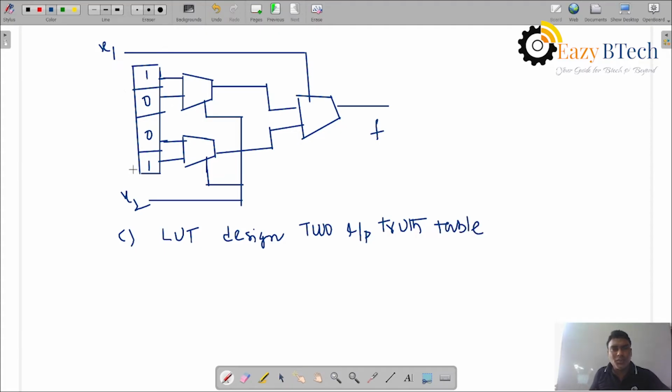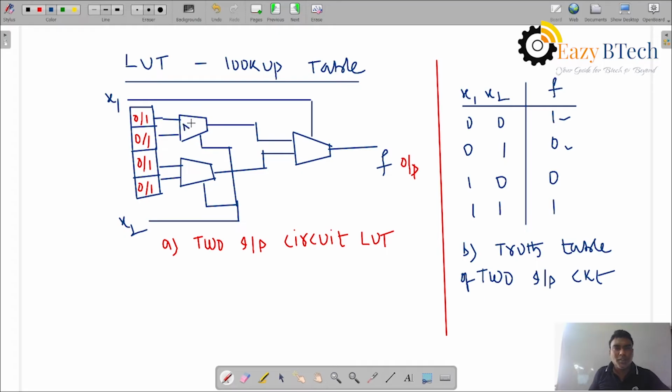This is a 2 input mux. This is also a mux representation. According to the select, it will take this one or this one.